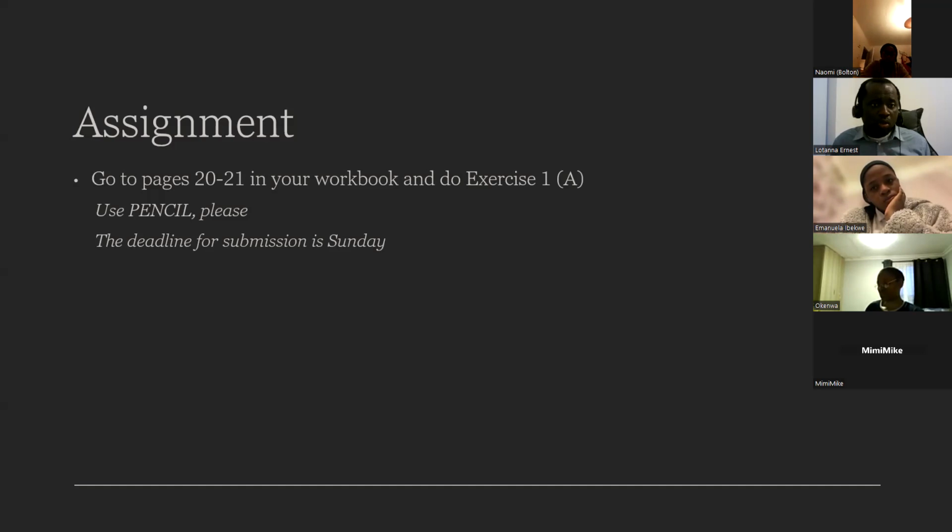Okay, so when you get the workbook, go to pages 20 and 21 and do the exercise that is given to you there. It should be exercise 1A to 1J.